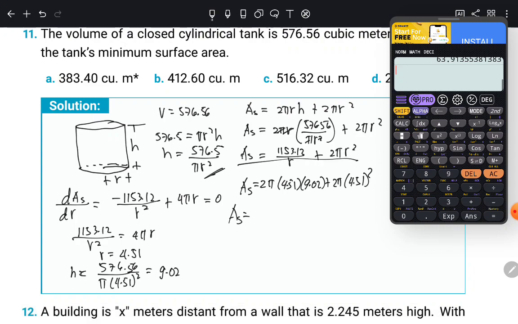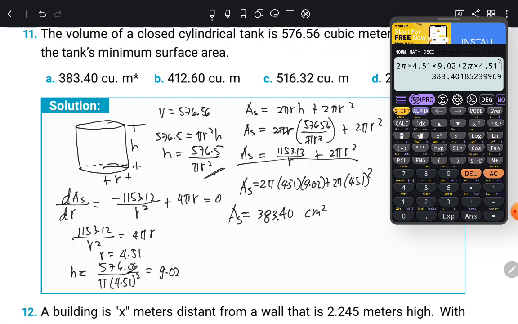You can just use r if you want. 2 pi times 4.51 times 9.02 plus 2 pi multiplied by 4.51 squared. So the answer will be 383.40.